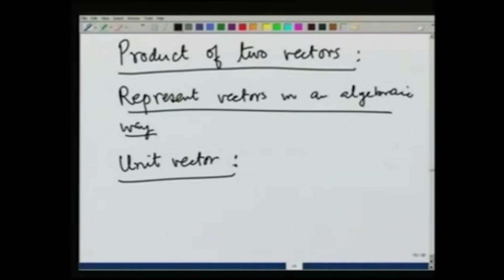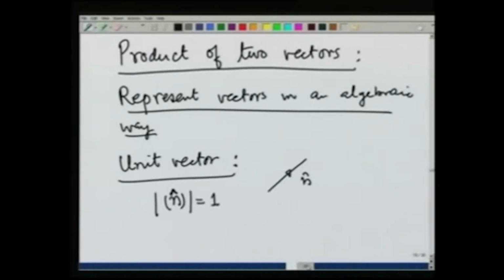A unit vector is a vector of magnitude 1. So, let us say unit vector n, and to show that it is a unit vector, we make a hat on top of the vector. This magnitude is going to be 1, and it could be any direction representing the vector in that particular direction.